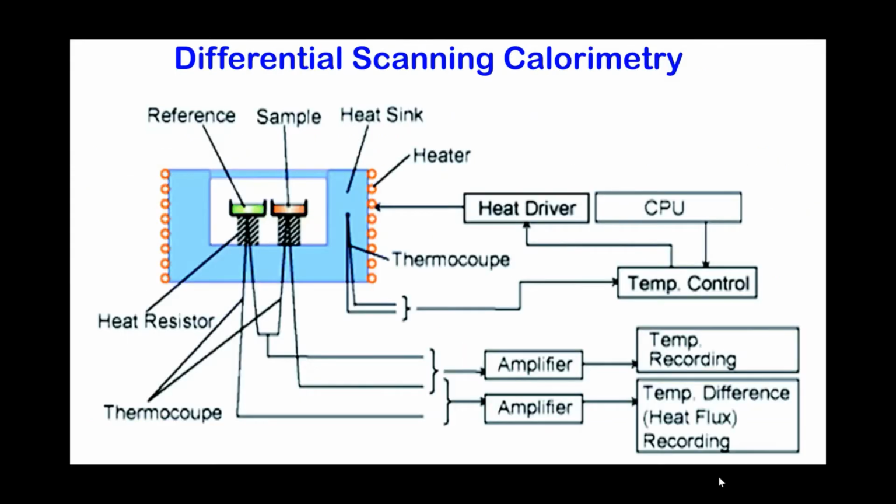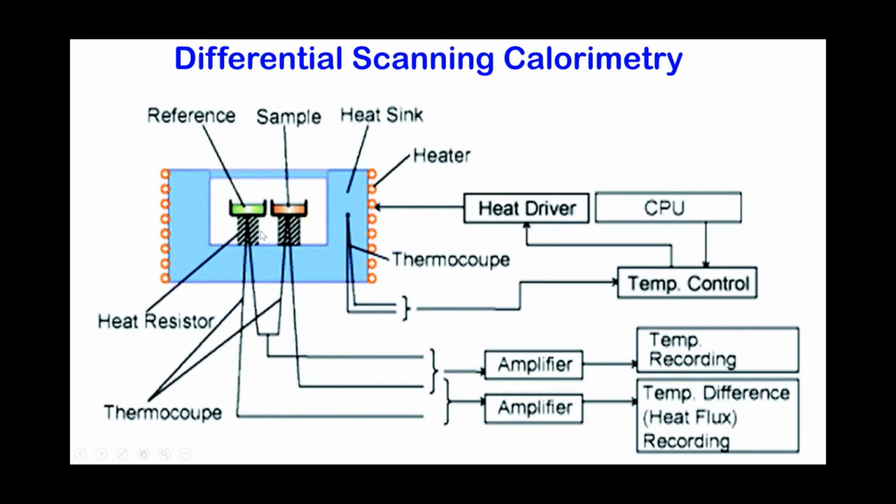The typical heat flux DSC looks somewhat like this. So, the DSC consists of a measuring cell which contains a furnace and an integrated sensor that has designated slots for the sample and reference.